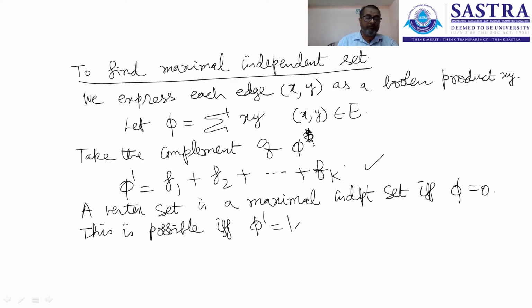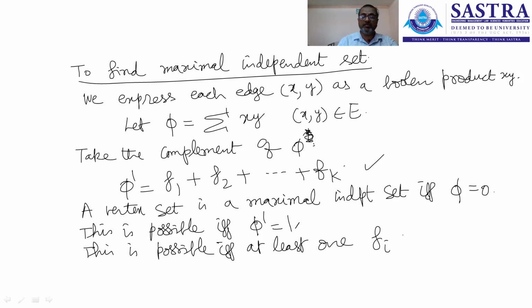If phi dash has to be 1, this is possible if and only if at least one fi is 1.